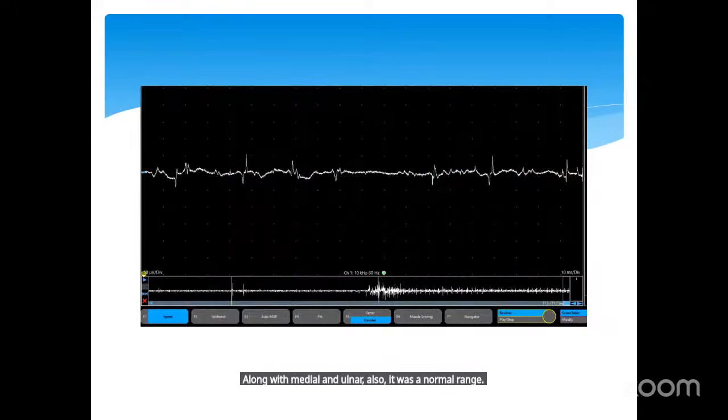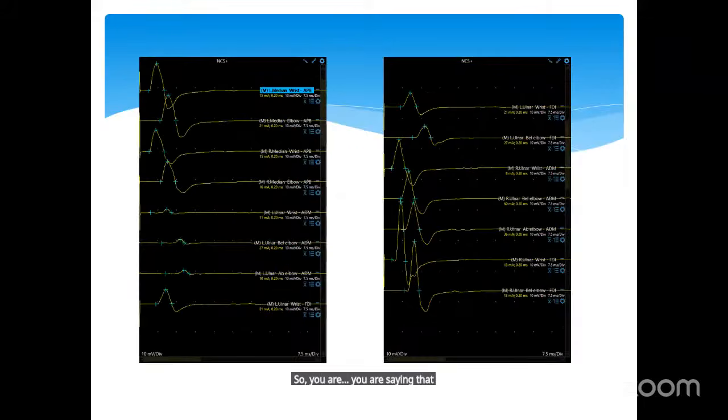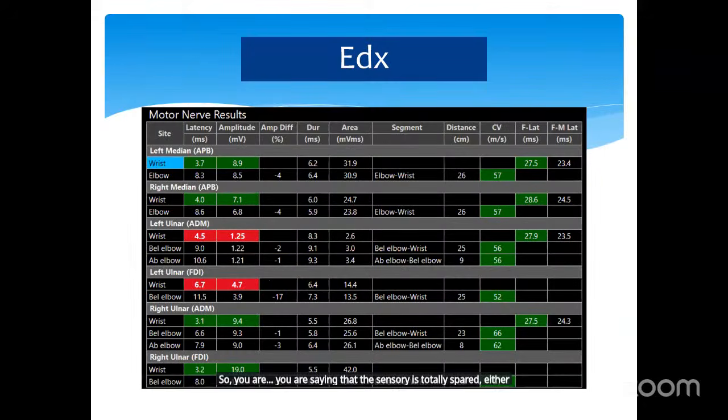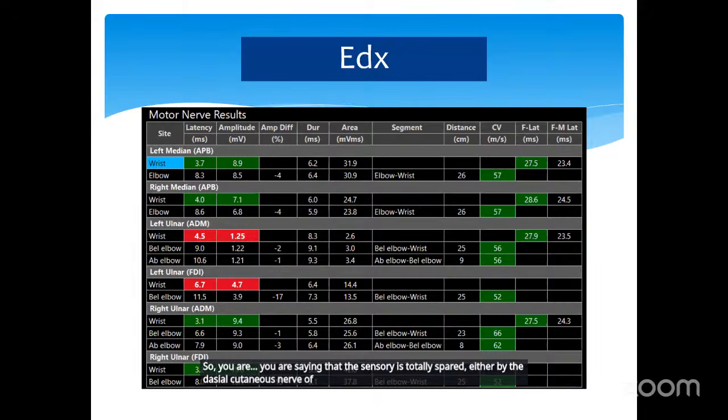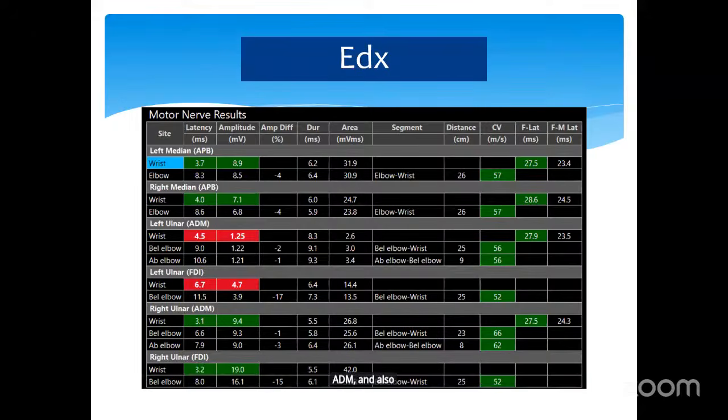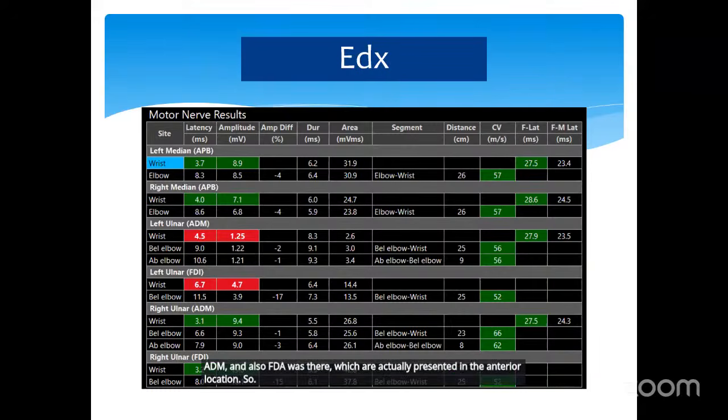So you are saying that sensory is totally spared, either the dorsal cutaneous nerve of ulnar or palmar cutaneous. Both are normal in this patient, with preferential involvement of ADM and also FDI. But if it is at the elbow location, even going by the fiber distribution, the sensory has to be involved.